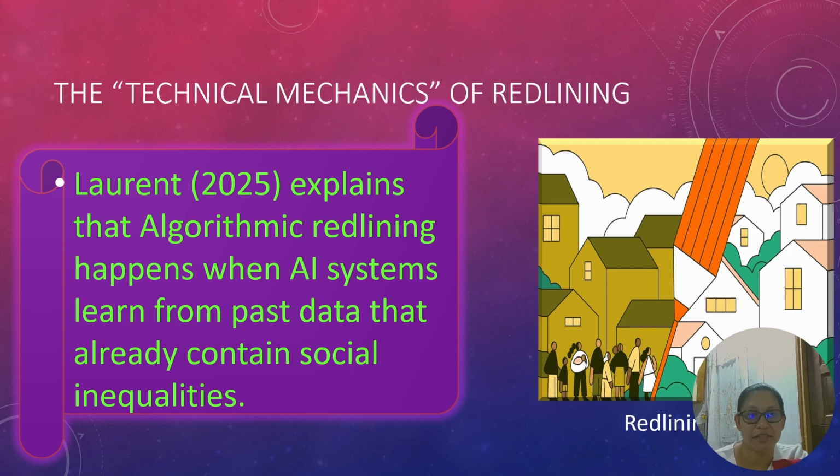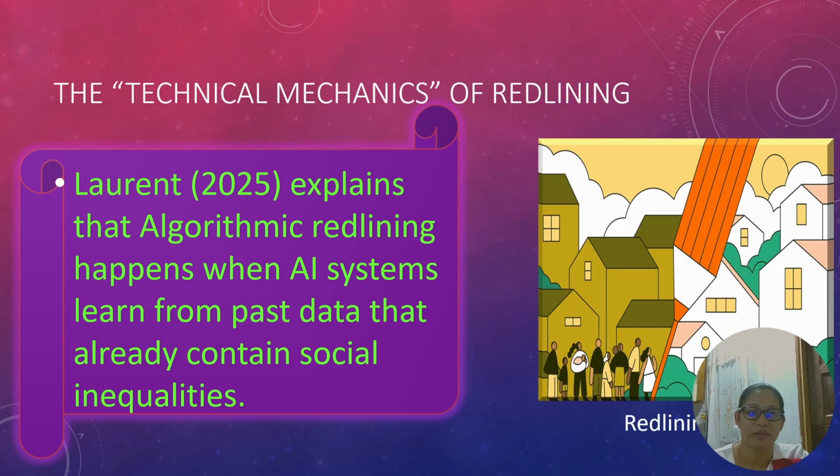Even if race is removed from the data, the AI can still make biased decisions because it uses what we call proxy variables, that is, information that indirectly reveals race or income, such as zip codes, education level, shopping habits. These things can reveal certain things about the people.